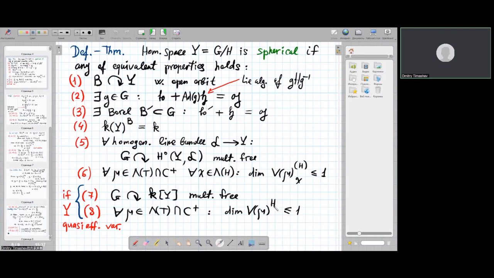The space of H invariant vectors, vectors fixed by H. But this is the same as the space of eigenvectors of eigenweight 0, or in multiplicative notation of eigenweight 1. Because what is a vector of eigenweight 1? It is a vector fixed by the action, right? So this guy actually is a particular case of this guy, in the case chi equals 1, or 0 in the additive notation. Okay?